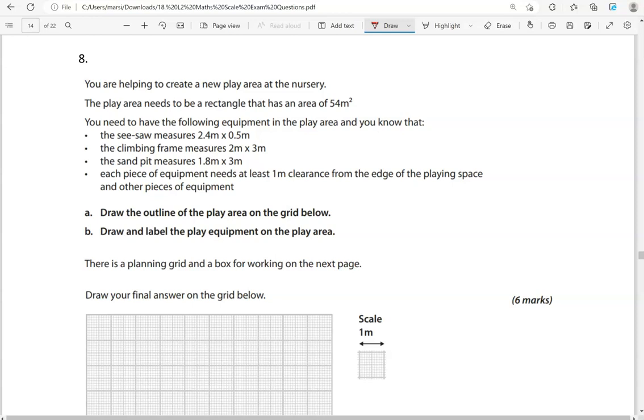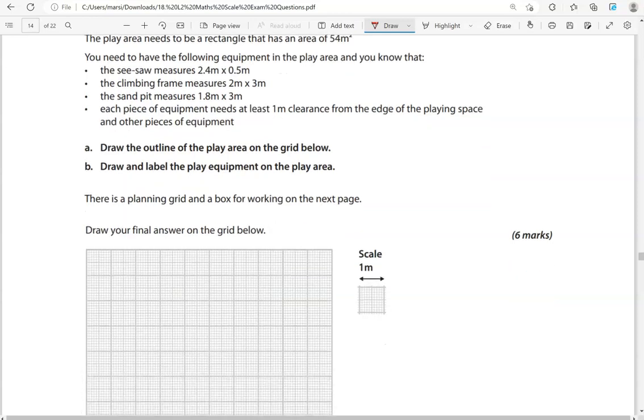The sand pit measures 1.8 meters by 3 meters. Each piece of equipment needs at least 1 meter clearance from the edge of the playing space and other pieces of equipment. Draw the outline of the play area on the grid below. Draw and label the play equipment on the play area. There is a planning grid and a box for working out on the next page. Draw your final answer on the grid below.